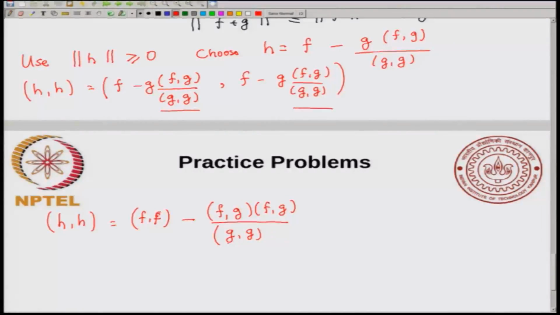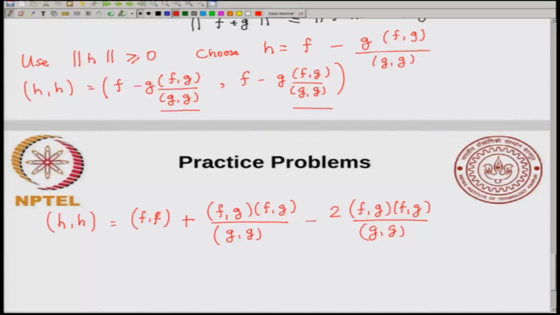And then I will have two cross terms. So this multiplied by this, f times g, and I will have the same thing here. This is the plus sign, and I have minus 2 (f, g) divided by (g, g).